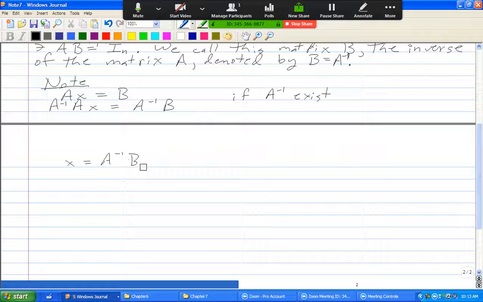So the strategy for determining the inverse matrix, the formula for the inverse matrix, is you just try to solve the equation AX equals I, in which case you do it as an augmented matrix, and then multiply by A inverse.